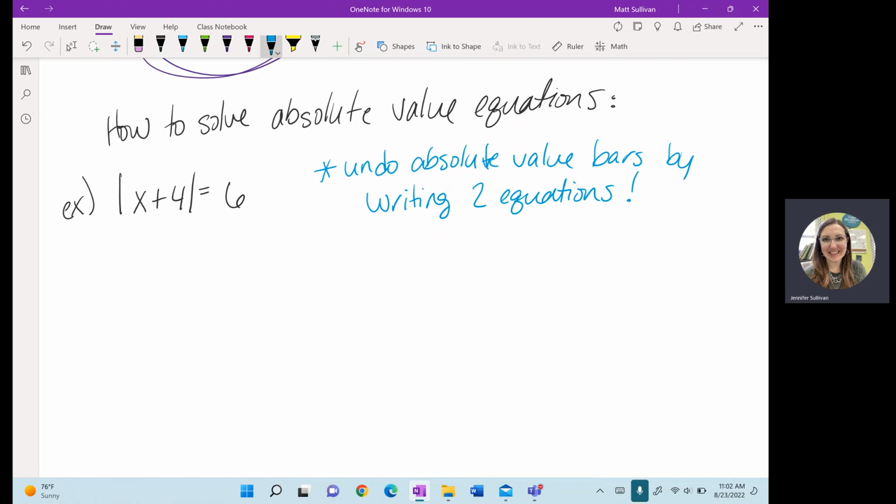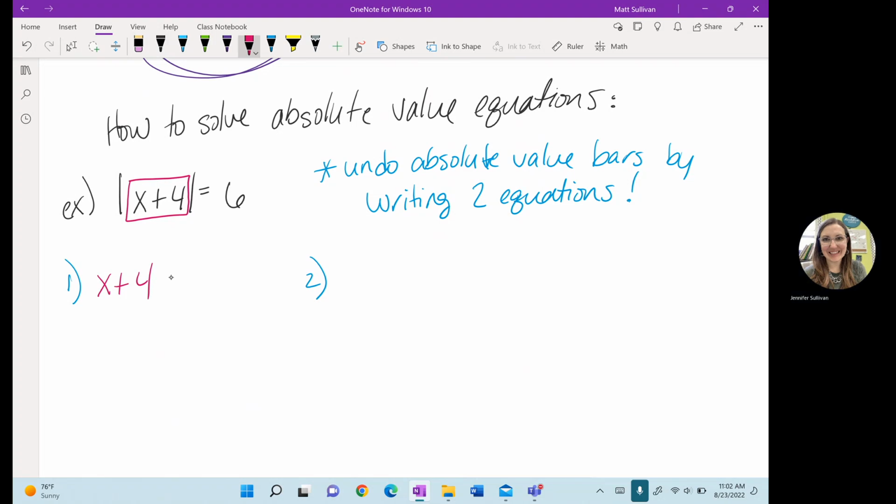So if I'm thinking undo, like we've been thinking for solving equations, I'm going to write two equations. Here's where I'm going to put one of them, and here's where I'm going to put the other. Well, where do I get two equations? Here's how you do it. You take what's inside the absolute value, the x plus 4, and we set it equal to the positive number on the outside, and we set it equal to the negative of the number on the outside.